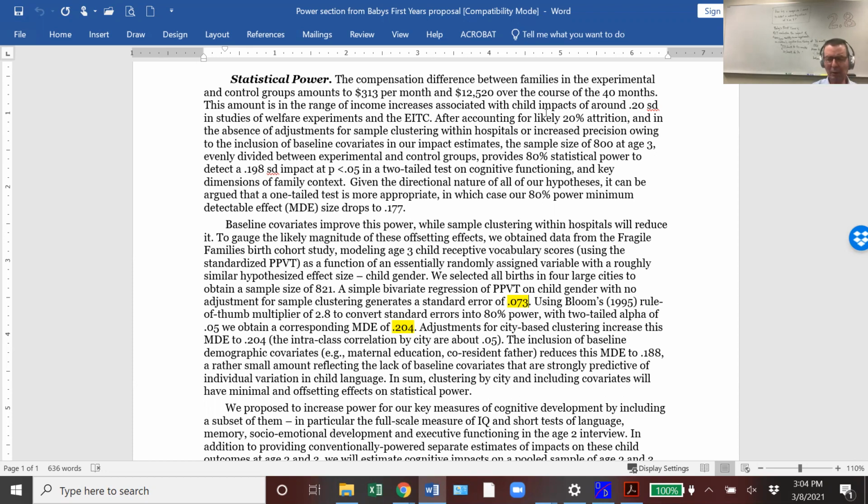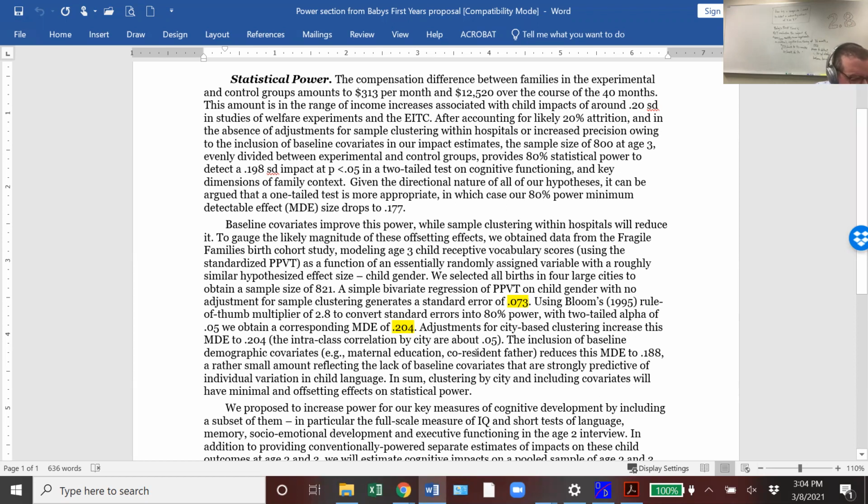And the nice thing about a regression approach is that you can understand, which you can't with GPower, how much baseline covariates might actually help you out, what the R-square would be with baseline covariates predicting child IQ. So actually looking at a data set gives you an idea of how much you might be able to gain in terms of power.